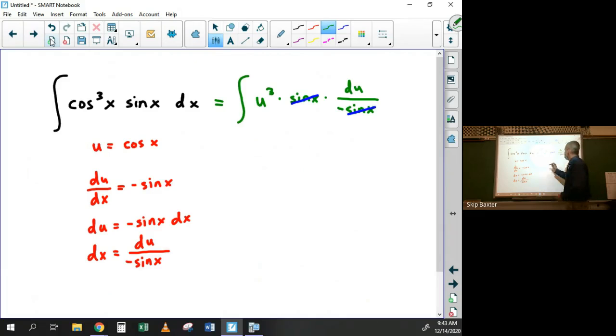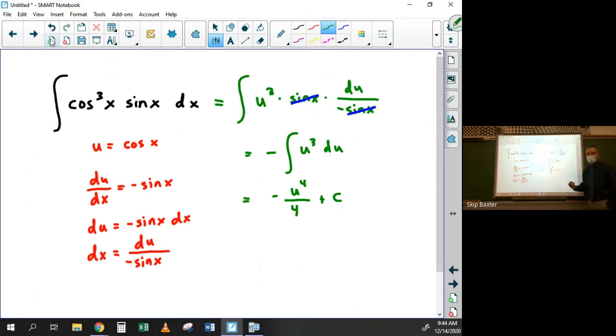There's a negative constant that didn't cancel, so you can write that negative in front of the u or outside the integral, because it's just a constant multiple. I could write this as negative integral of u cubed du. So when you integrate that, you get negative u to the 4th over 4 plus c.